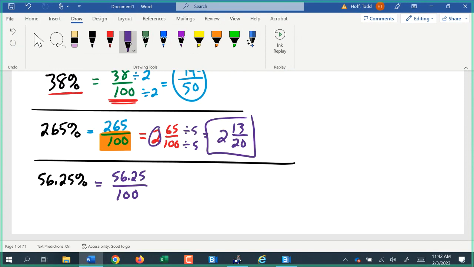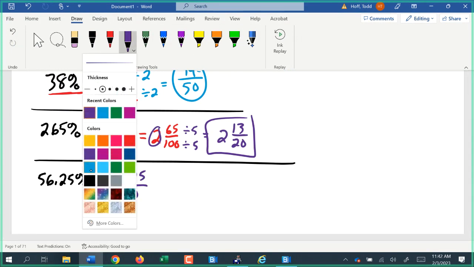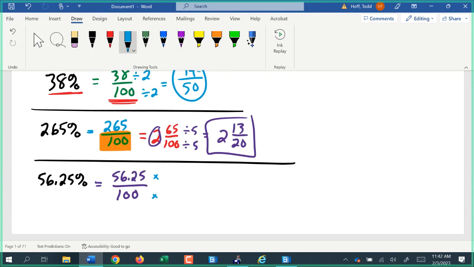So to get rid of that decimal, similar to what we did when we were dividing decimals, we're going to multiply or move the decimal point over. There are two decimal places here, so to get rid of the decimal, we would have to multiply by 100. That would make that 5,625. So, of course, that means we have to multiply the other number by 100 as well. 100 times 100 is 10,000.